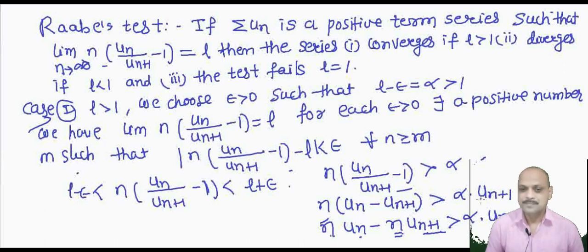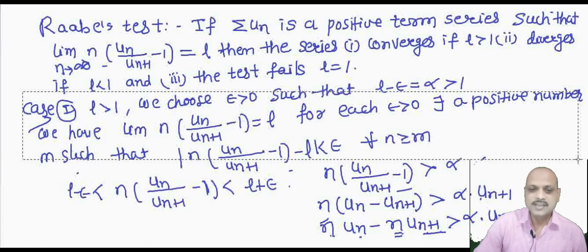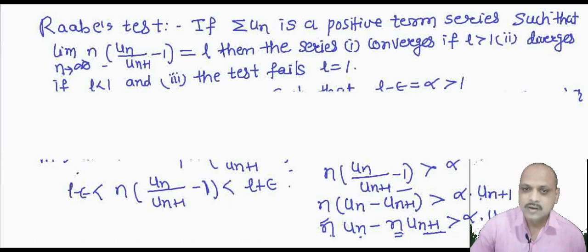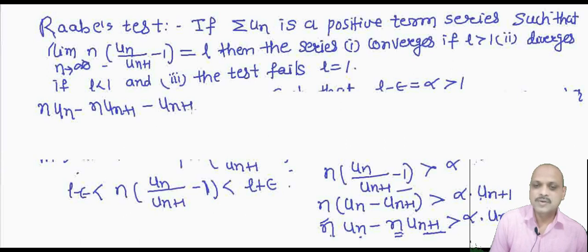So n into un minus n into un plus 1 minus un plus 1 is greater than alpha into un plus 1 minus un plus 1.